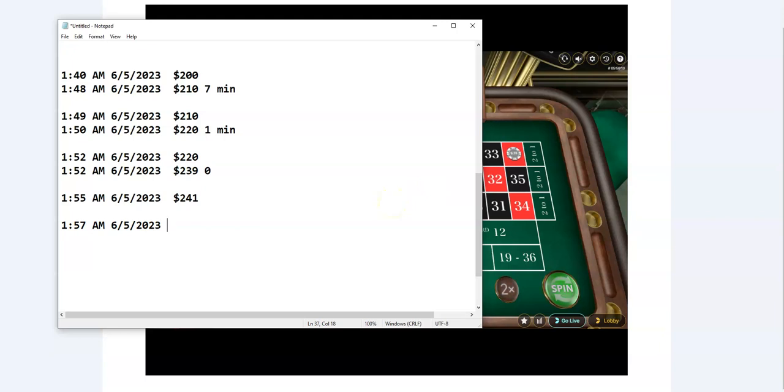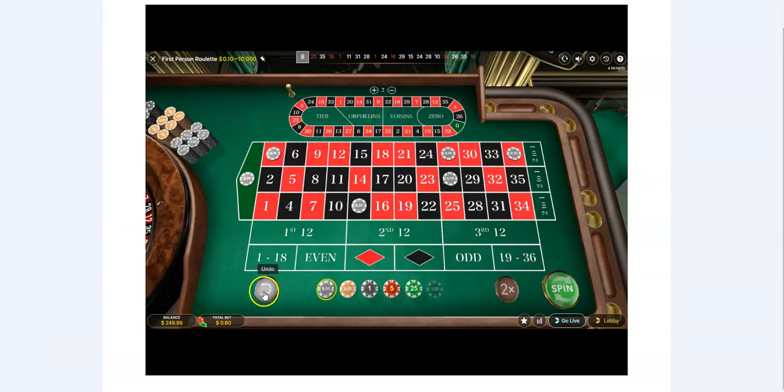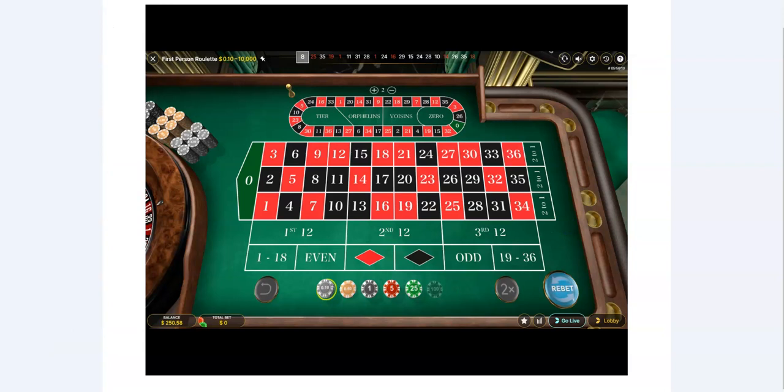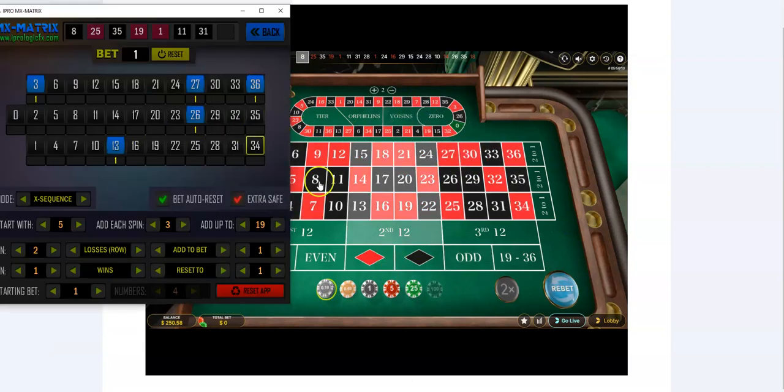I want to just put these numbers back in. We were at 250. That's where we are. Okay, so let's put our numbers in. 3, 13, 27, 26, 36.